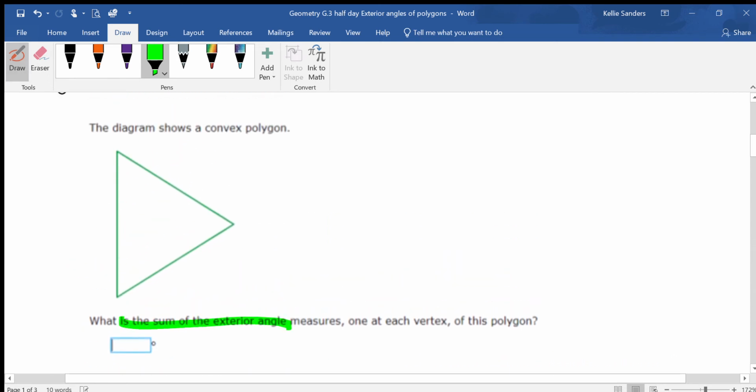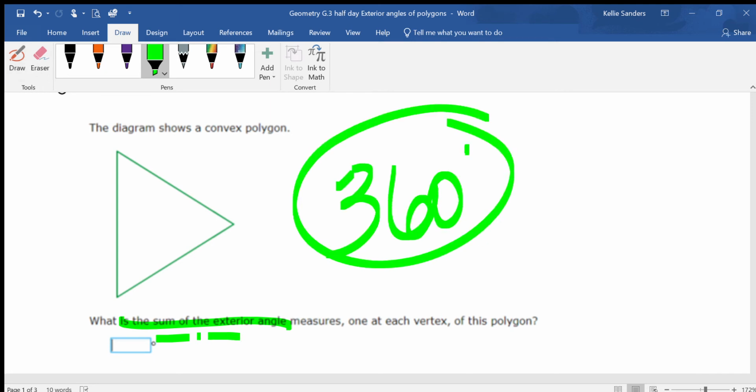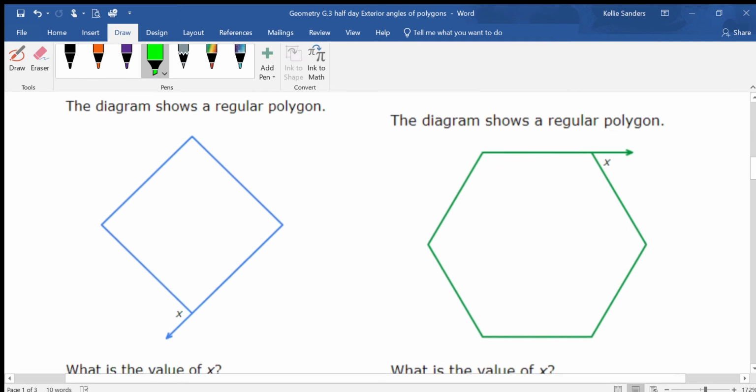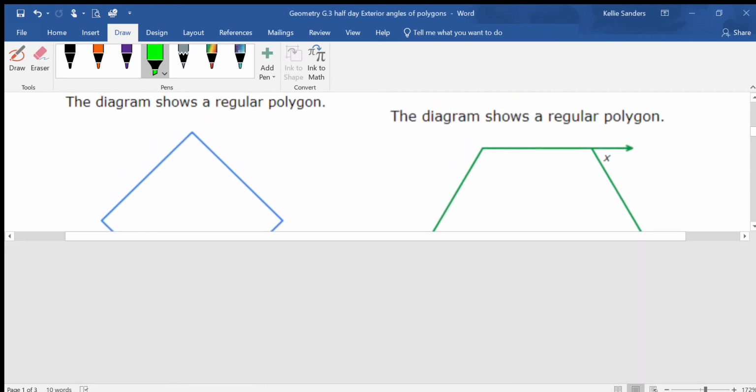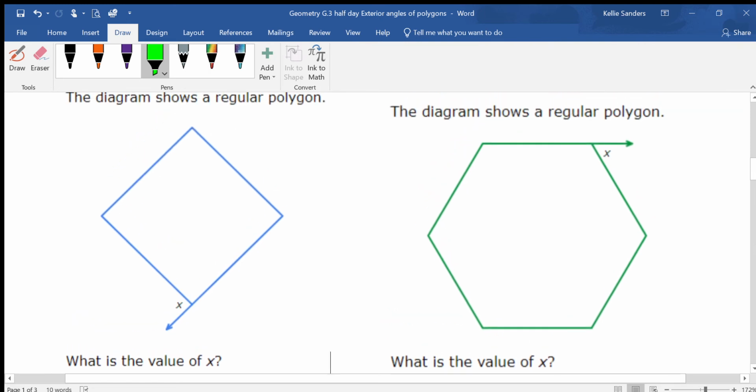What is the sum of the exterior angles? Basically stop, okay? Once you read "sum of the exterior angles," you're finished, and it's 360 degrees. Now, if you are talking about exterior angle sums, and then how much is each one of them, you can only answer this question if you have a regular polygon.